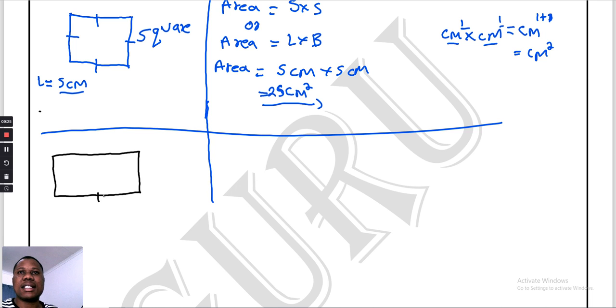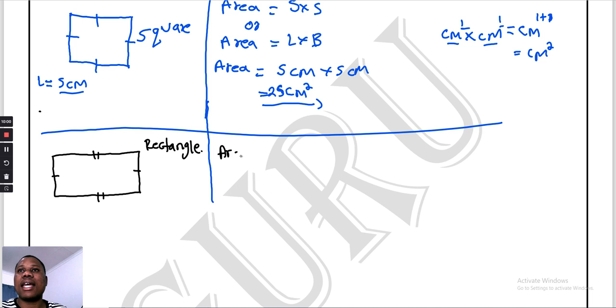This side is equal to this side, and this side is equal to this side. That is our rectangle. How do we know that the shape is a rectangle? Because two opposite sides are equal. That is where we can confirm that our shape here is a rectangle. So how do we calculate the area of a rectangle?